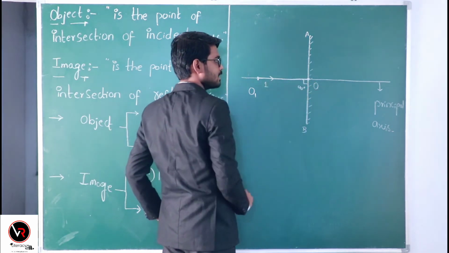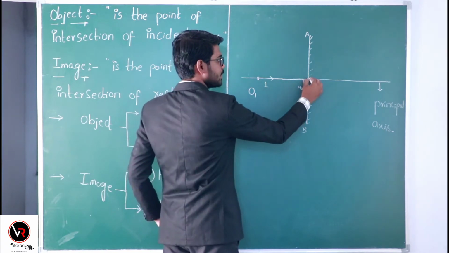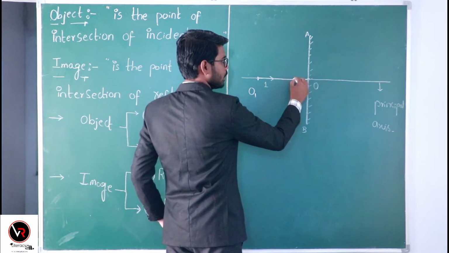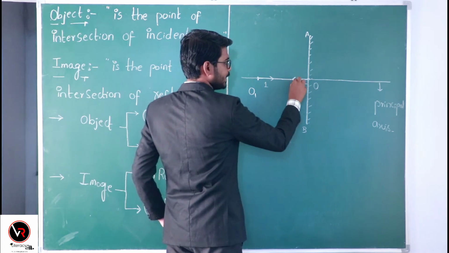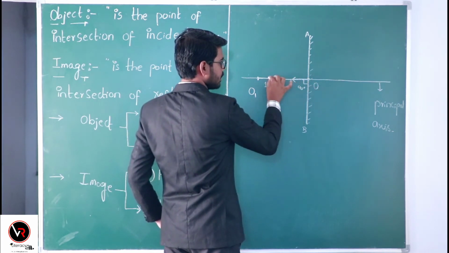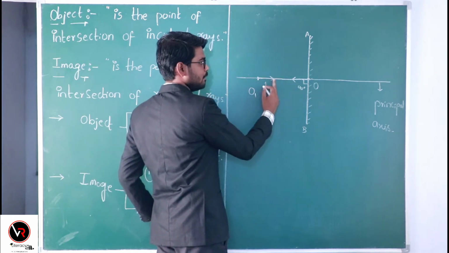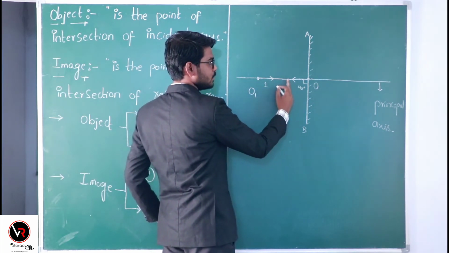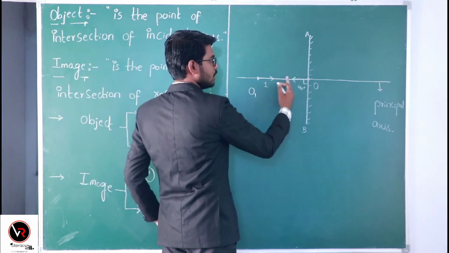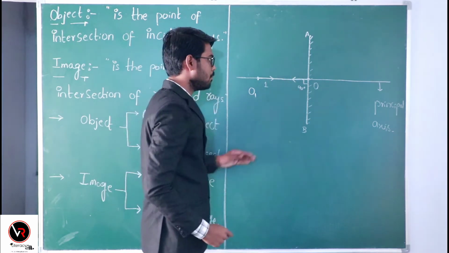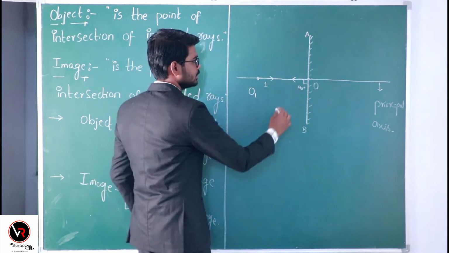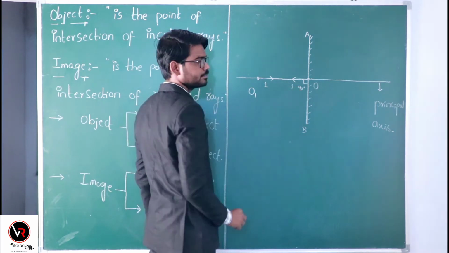When a light ray strikes the plane mirror normally, after the incidence at this point O, the reflected ray retraces along the same path in reverse direction. As the angle made by this incident ray with the normal is 0, the reflected ray also travels along the same normal but in reverse direction. So this is the first reflected ray.